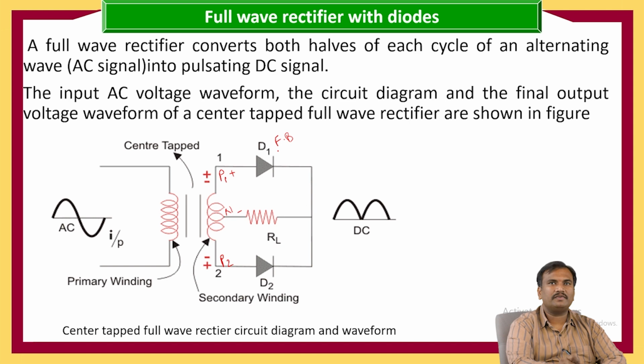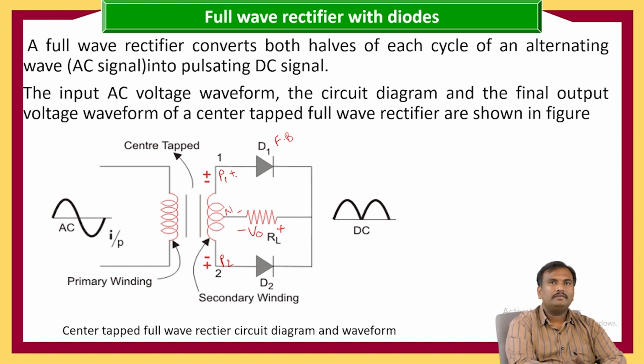Once the diode D1 is forward bias, the supply will flow through P1, diode, load resistance and neutral. So here, this is the supply flow. If we take this as the positive terminal of output voltage and this as the negative terminal of output voltage, this positive terminal is connected to the positive of input voltage.